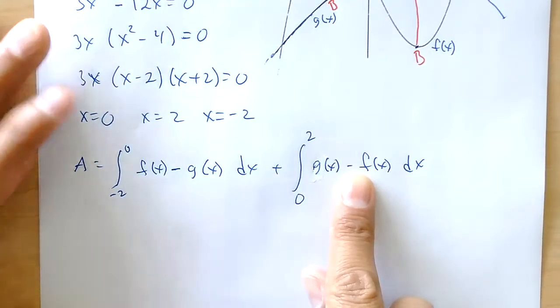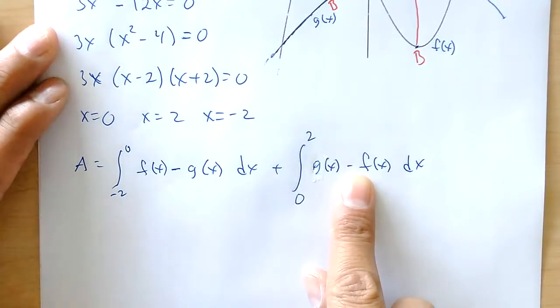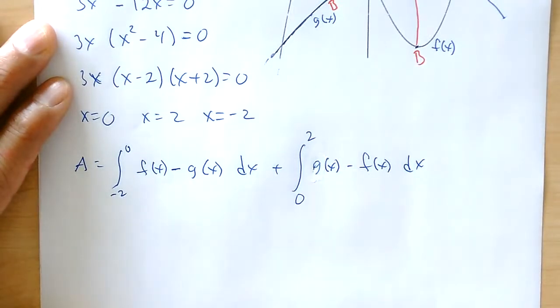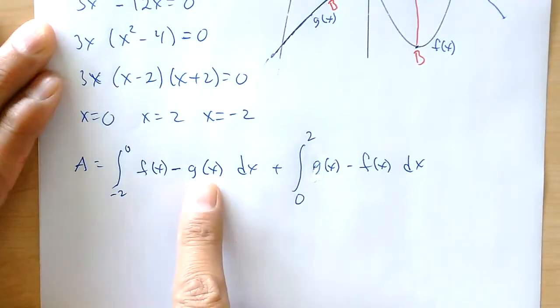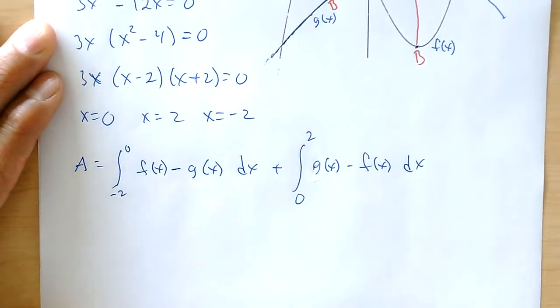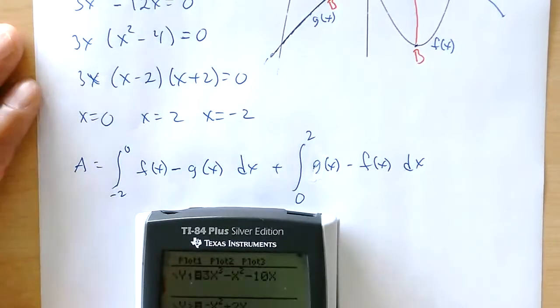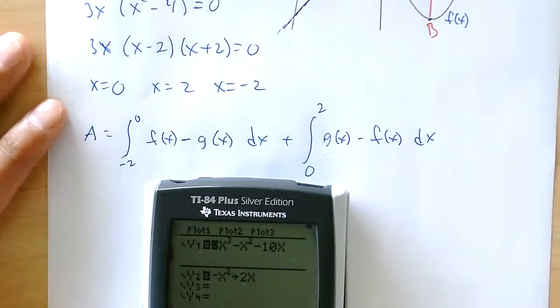And to make my life a little bit easier, why don't we use a calculator? Pause, enter the f function into y1, enter the g function into y2. Look at that, I already did it.